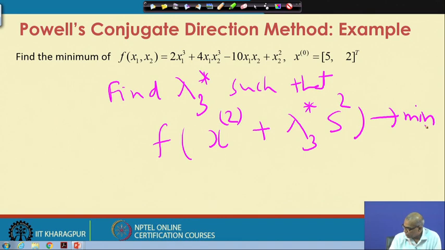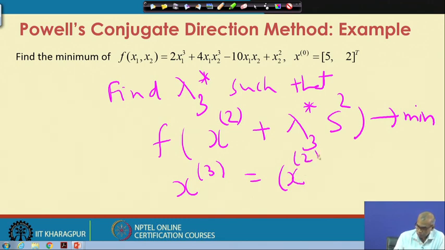Once you have obtained the lambda 3 star value, you can obtain x 3 as x 2 plus lambda 3 star S 2.